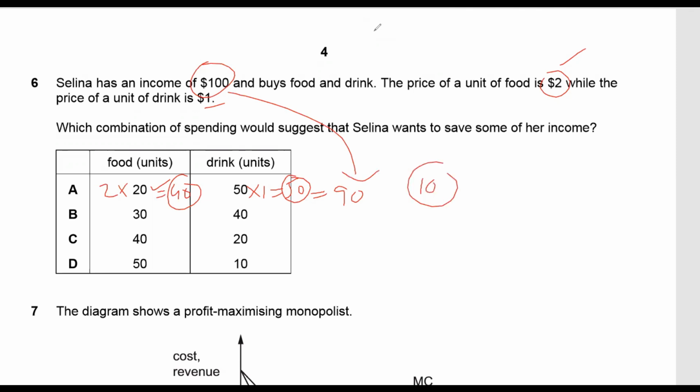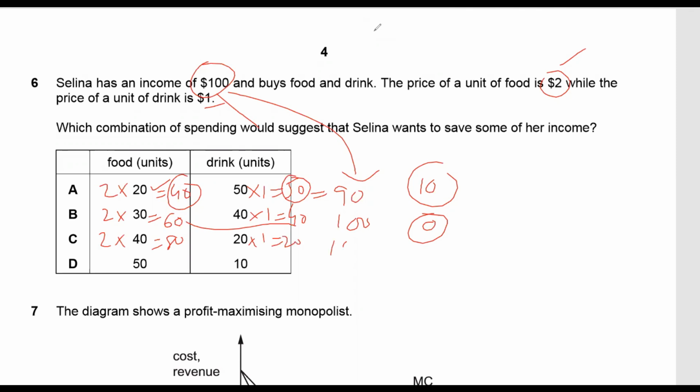And now if we move to option B, by purchasing 30 units of food, she will be spending $60 here, and by spending $40 on drink, she will be spending 40 total, and 40 plus 60 is equal to 100. So 100 minus 100 will give 0. So she is saving nothing here, and in this case again 40 into 2 is equal to 80, and 20 into 1 is equal to 20.